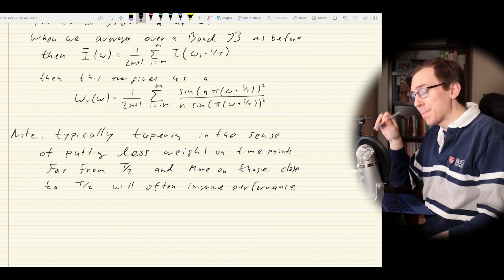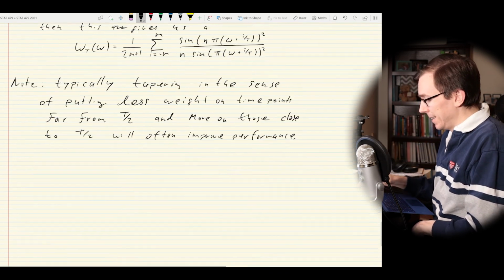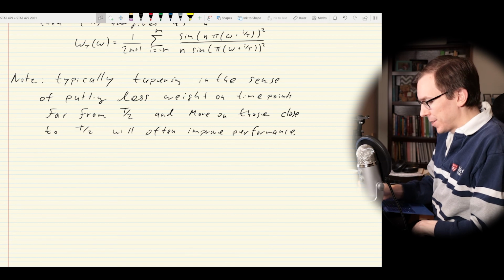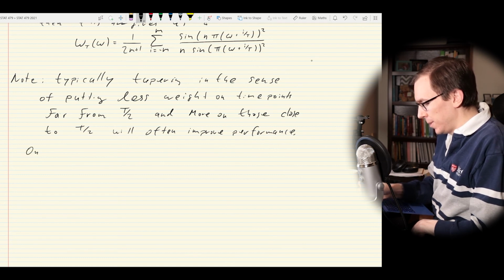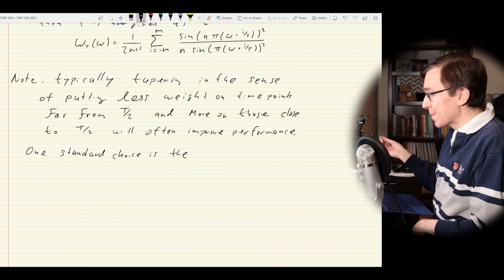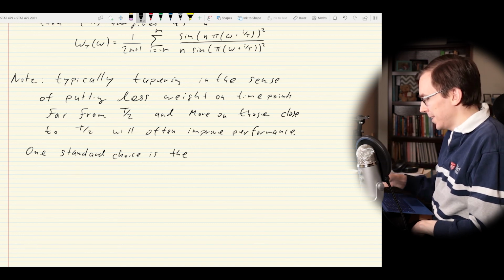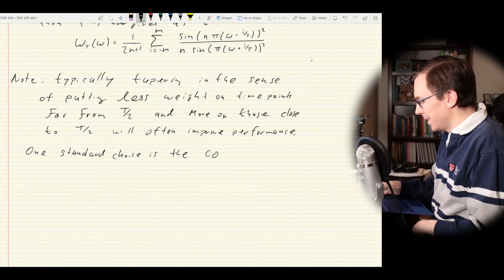And we'll look at some examples of this when we do some R code, but roughly, one standard choice is, and here's more terminology, the cosine taper. Okay, simple enough.